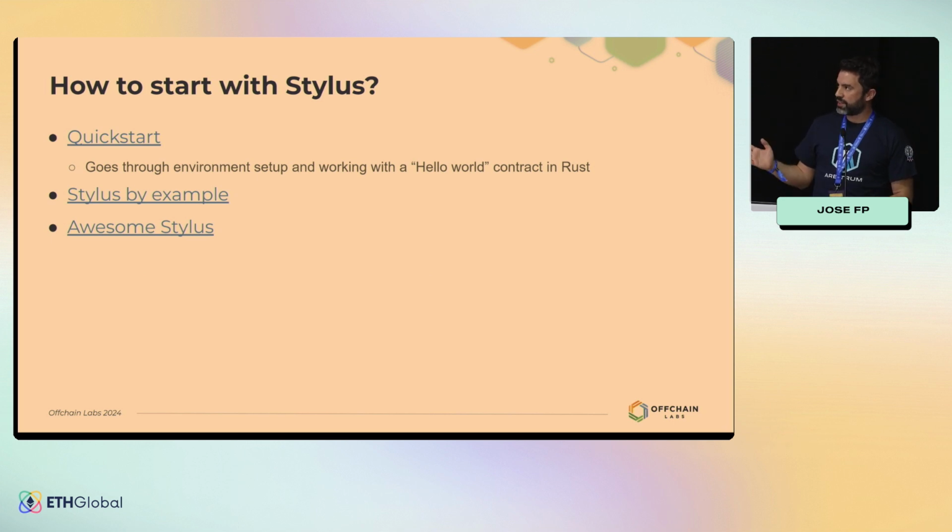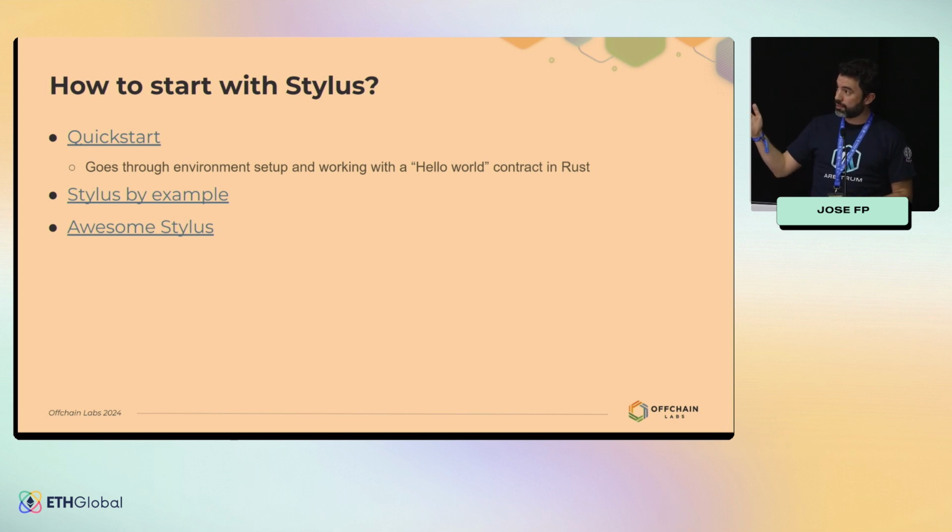So how to start with Stylus? If you haven't done anything, I always recommend these three resources. Don't worry about the links, because at the end of the presentation, I'm going to show you a QR code that goes to our repo that has all the reference links that I'm going to show here, okay? So there is a quick start. It's a page in the docs. It helps you set up your development environment to start writing smart contracts in Rust and deploy them to the Stylus testnet.